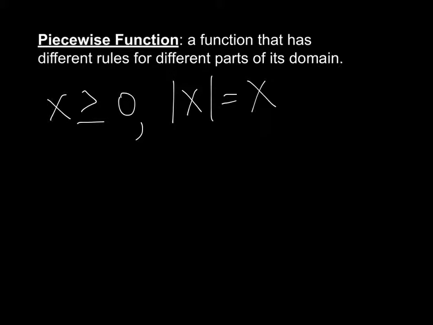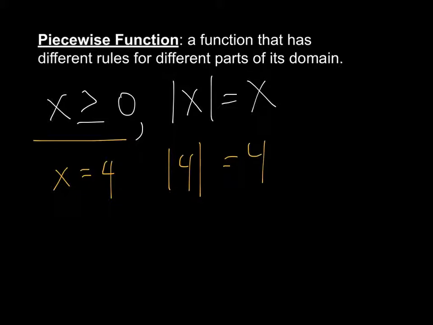Because when x equals 4, that's greater than or equal to 0, the absolute value of 4 is just 4, right?